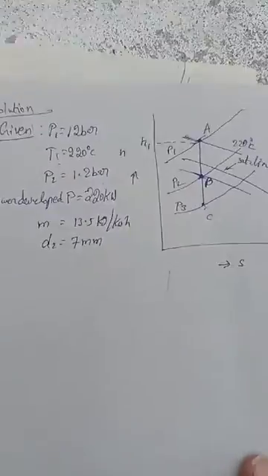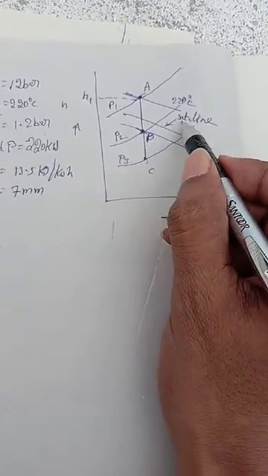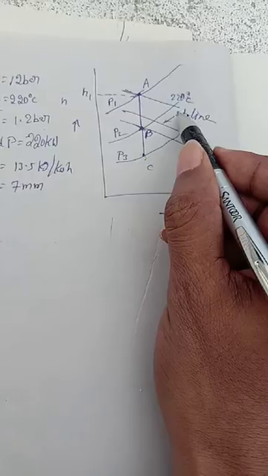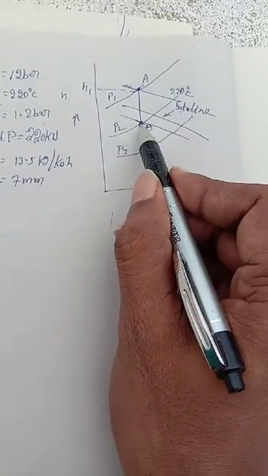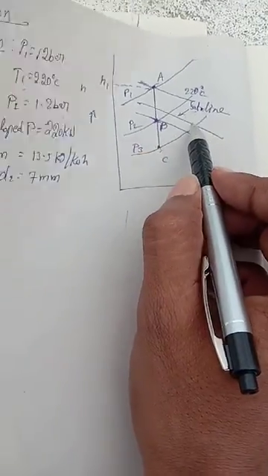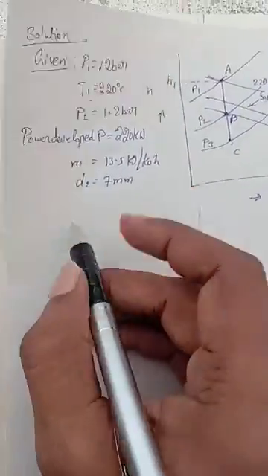Now this is the saturation line. Here we need the points A to B, that is the thing. Okay, now let's go and solve the problem.